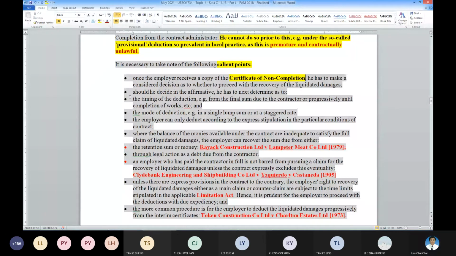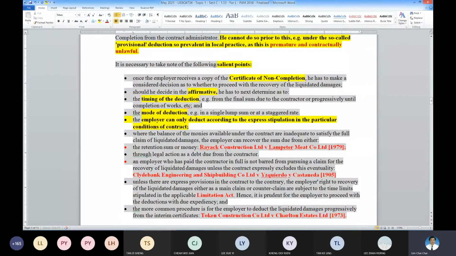If the employer is willing to deduct already, then the next step is to determine the timing of the deduction, and then the mode of the deduction. It can be piecemeal, can be one lump sum, can be whatever. Then the employer can deduct according to the formula as per the contract condition.